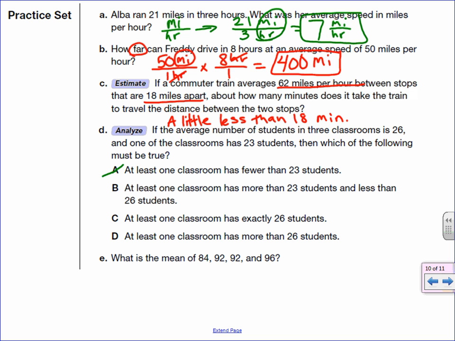At least one classroom has exactly 26 students. Again, we're not sure, but it could be possible. But at least one classroom would have to be more than 26 students. That one will work. These two could happen. They don't have to happen. This one must be true.